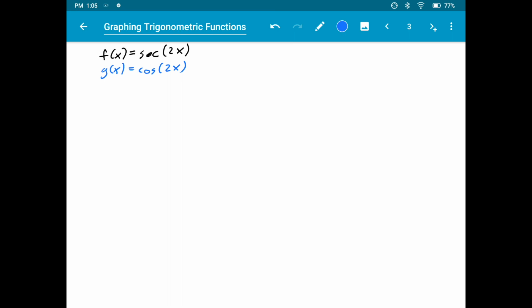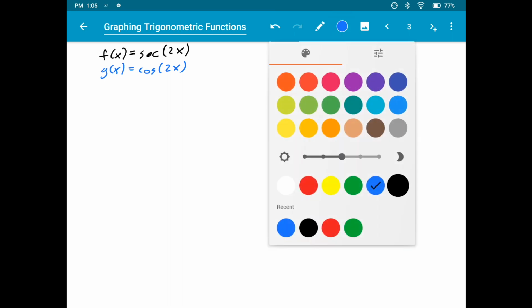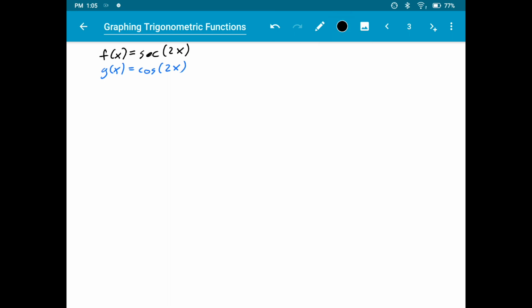So to do that, we are going to think about where the significant points on a cosine graph are, because those are going to be the most significant points on the secant graph as well. And that's happening at each axis.